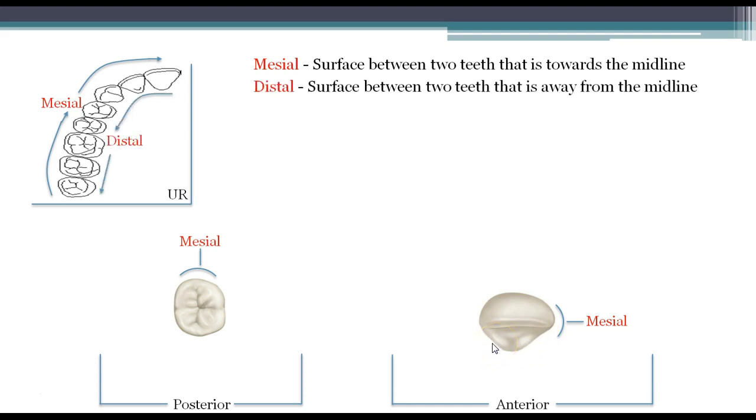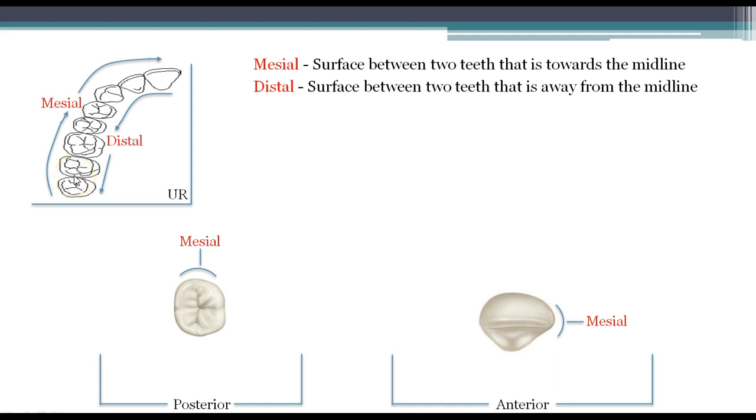Next, we're going to do distal, which is a surface between two teeth that is going away from the midline. So it's going the other direction. So we're going back into between here. This on this tooth is our mesial, but for this tooth, it's touching the distal portion. So in between each of your teeth, you have a mesial portion and you have a distal surface.